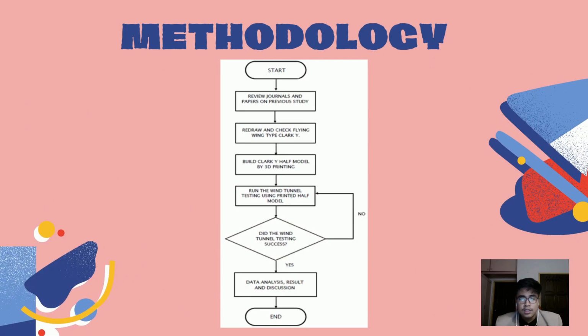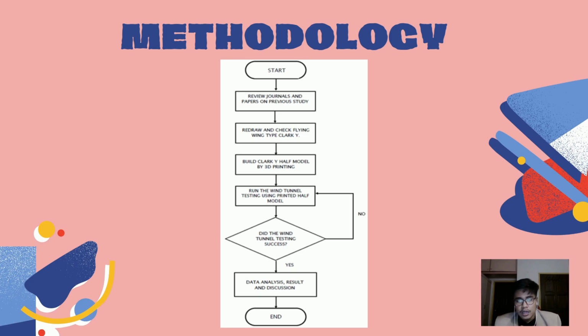This methodology is what my flowchart shows. We review journals and papers on previous studies about flying wings, and we redraw and check the flying wing type Clark Y. Then we build the Clark Y half model by 3D printing. After that, we run the wind tunnel testing using the printed half model.